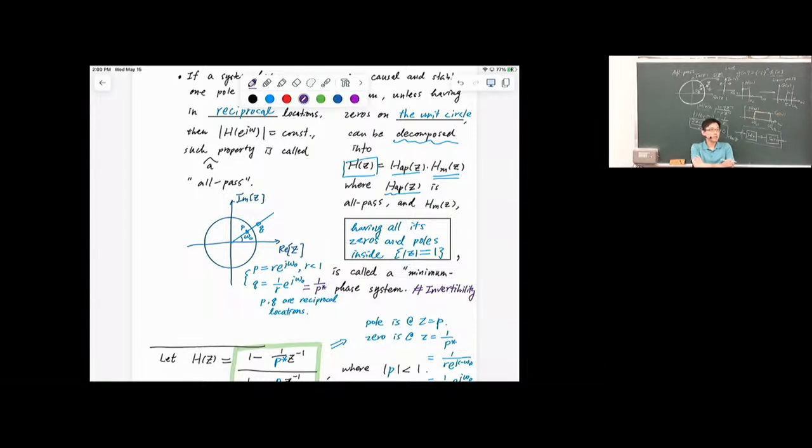Let me say that. So when we have a system somewhere, and it processes our signal, right? A system processes a signal, right? Now the signal becomes a different signal. But can we construct a second system that does the opposite, that undoes whatever processing the first system does to our signal?